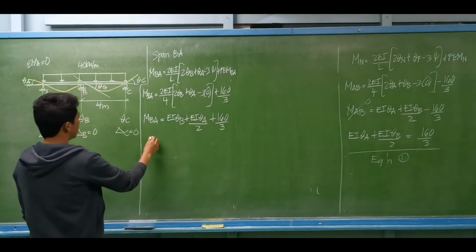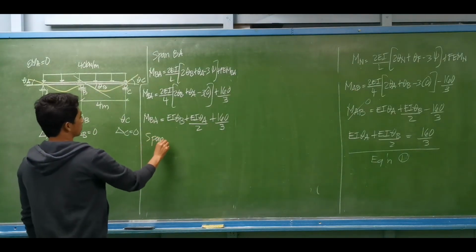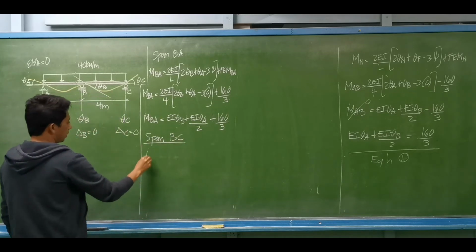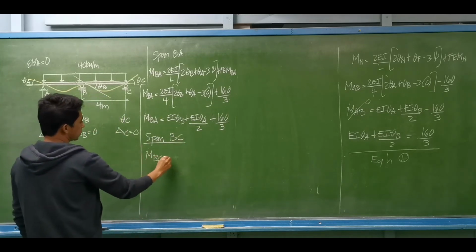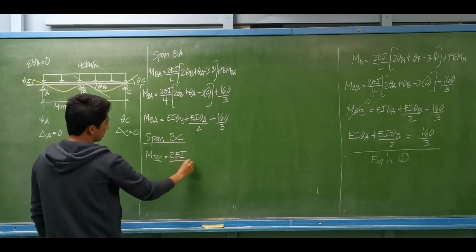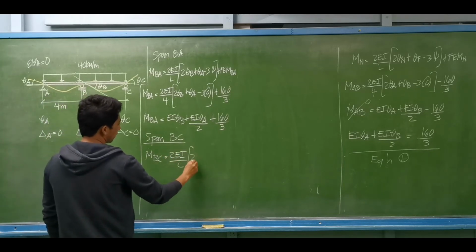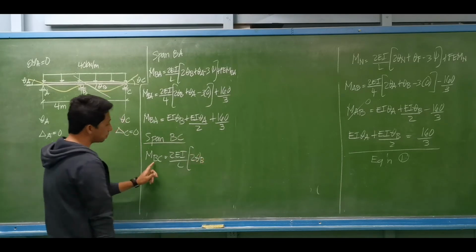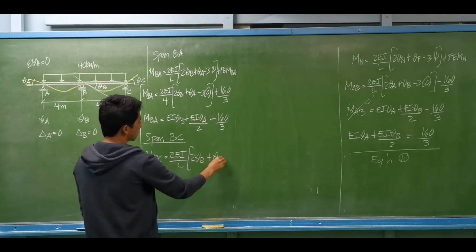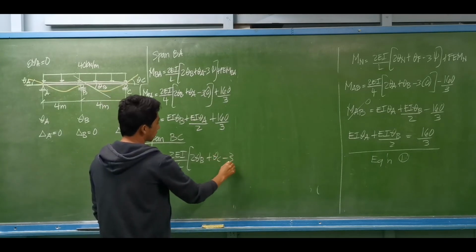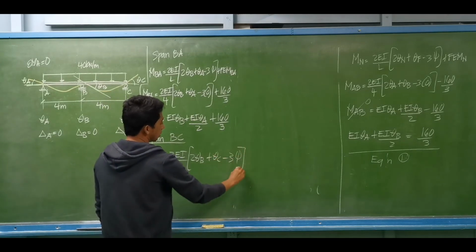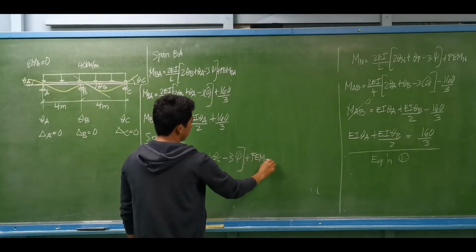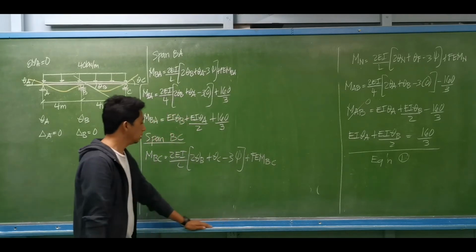So for span BC, the moment for span BC is equal to twice of EI divided by the length, multiplied by twice of theta B, your near point, plus theta C, your far point, minus 3 times psi, plus your fixed end moment for member BC.